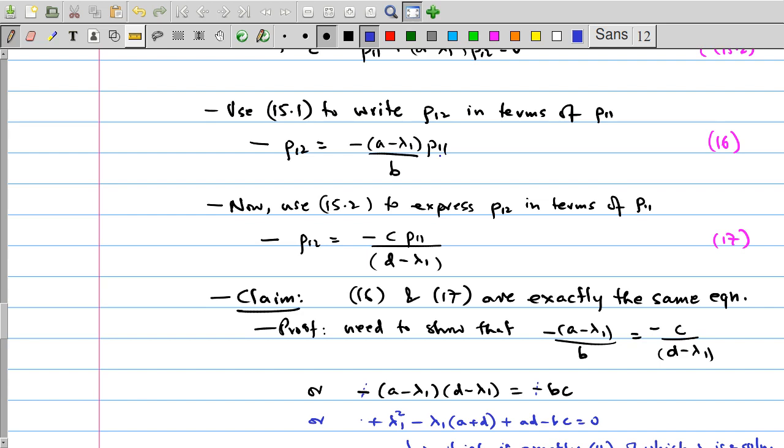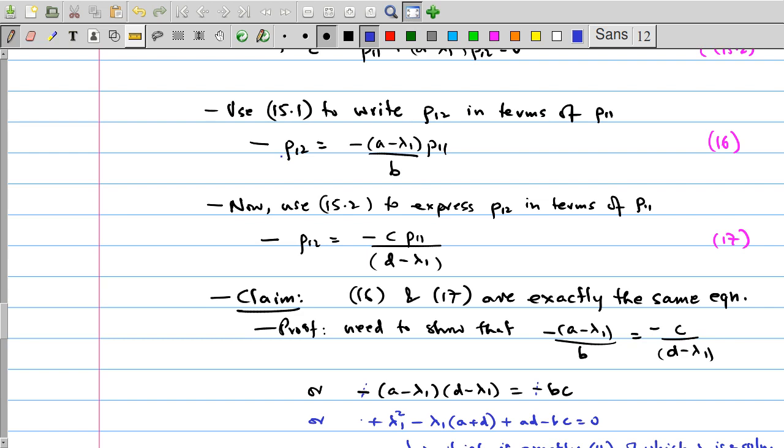So I'm just going to choose P11 to be 1, and then P12 will be given by whatever this is. Or actually, the best thing I can do, if I move this B up over here, is choose something that doesn't involve divisions. So suppose I choose P12 to be this, and P11 to be B.